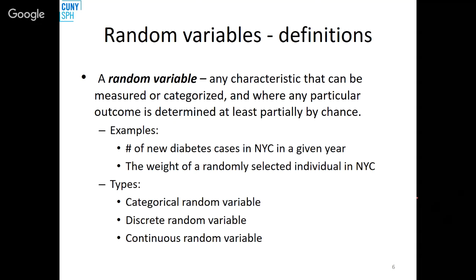So that was a citywide variable. It could also be a property of individuals, such as the weight of a randomly selected individual in New York.